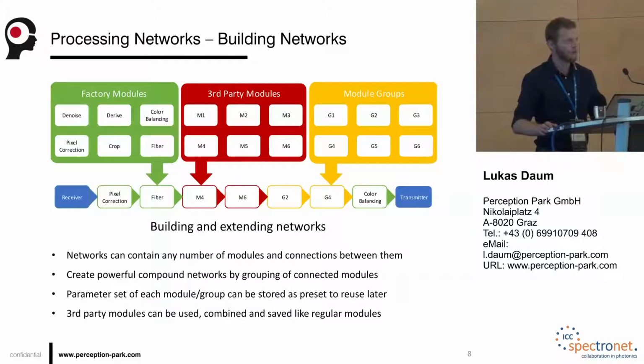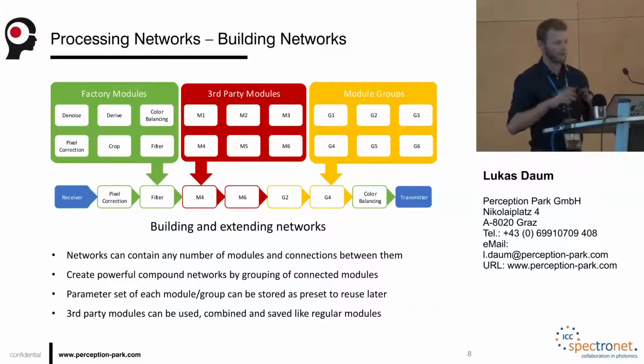Then we have third-party modules. That are those modules that are added to the system by the plugin interface, so by third-party developers. Then we have module groups, and the group consists of sub-modules or even sub-networks themselves. So that's a very good way to hide complexity from the customer, and you can go even further and create custom user interfaces for those groups.